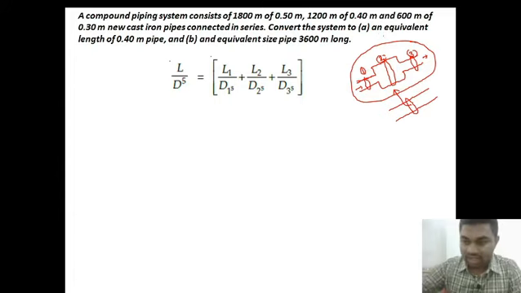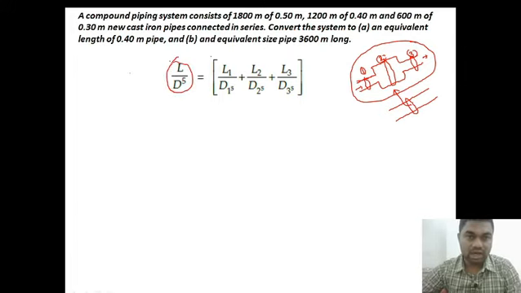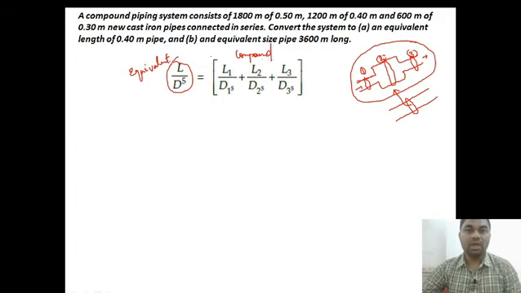So the left side is for the equivalent pipe, and the right side is regarding the compound pipes.